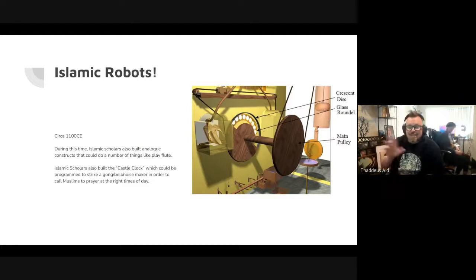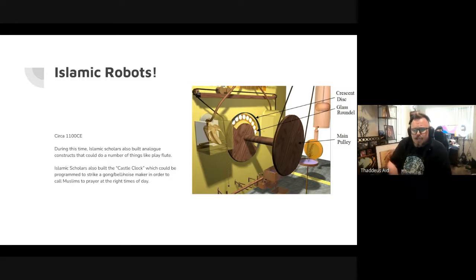This I absolutely love. About the same time, 1100 CE, thereabouts, in the Islamic world, they had started to build robots of some fashion. They had robots that could play the flute, but generally as a public service.